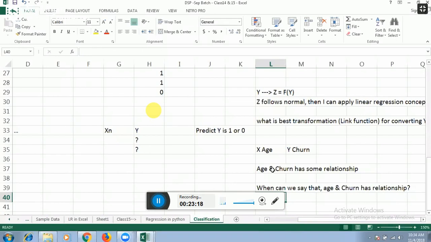By performing an F test. Okay, if you perform an F test, what is the F test output? It will give me an F statistic and a p-value. What does the F statistic mean, from an interpretation perspective? That tells me if the relationship is significant or not.